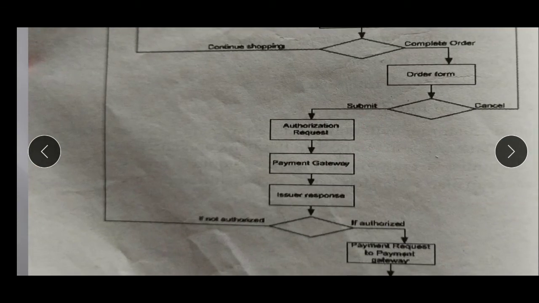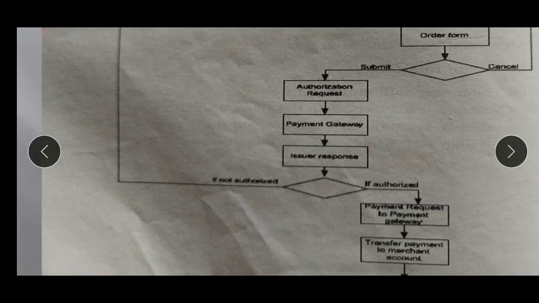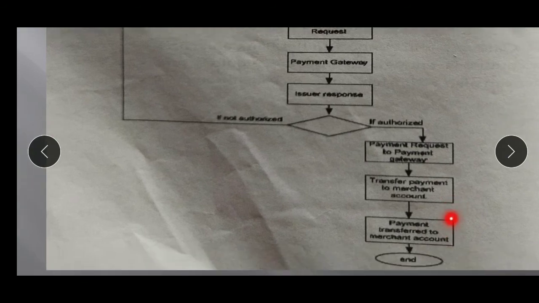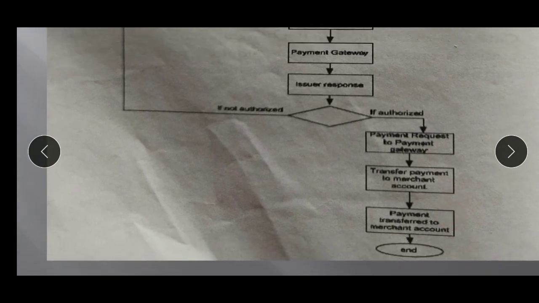An authorization request can be made. The payment gateway will check the payment transaction. The issuer will get the response. Then if the bank authorizes that the account is there, a payment request to the payment gateway will be made, and payment will be transferred to the merchant account. Once payment connections and verifications are done, it ends.